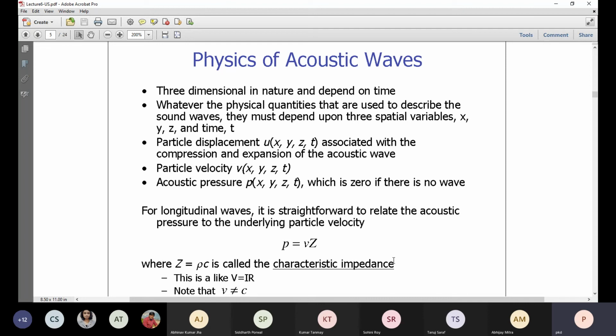If we conceive that the ultrasonic wave is generated from secondary scatterer points inside the body, then that will be given by a displacement x, y, z, t. X, y, z are three-dimensional coordinates, and t is the time.